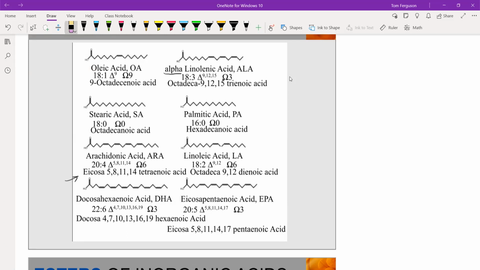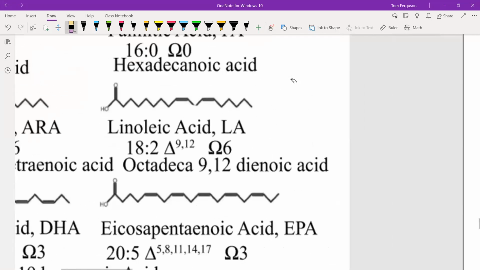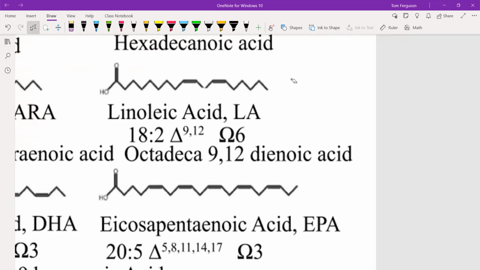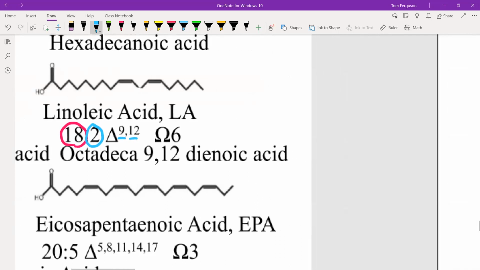It mostly comes from corn oil. It's 18 carbons long, and it has two double bonds at positions 9 and 12.